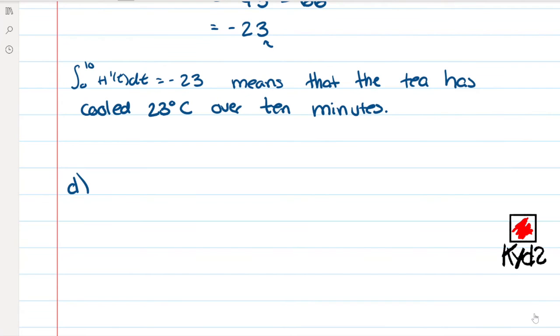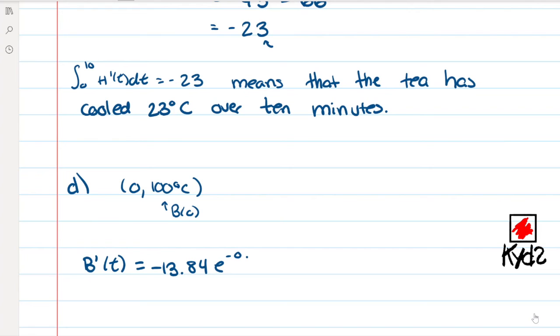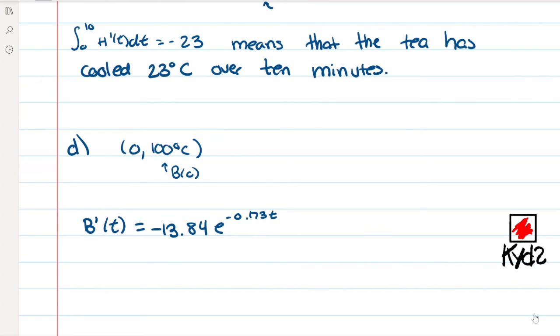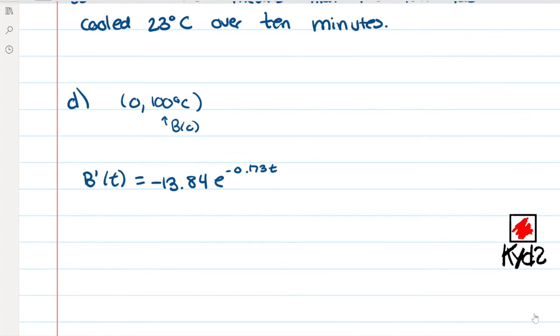So let me first write down some information that we know. We know at time 0, the biscuits are 100 degrees Celsius. So this is B of 0 right here. And I know that the biscuits cool at a rate of negative 13.84 e to the negative 0.137t. In order to figure out how much the biscuits have cooled, I'm going to integrate that.